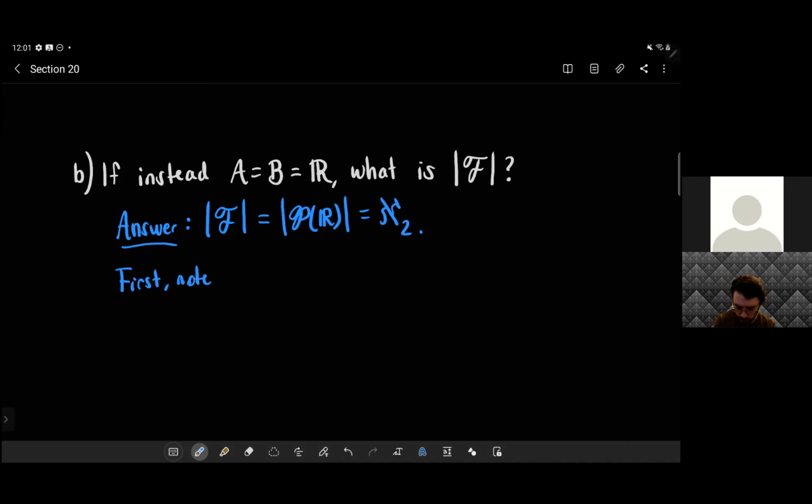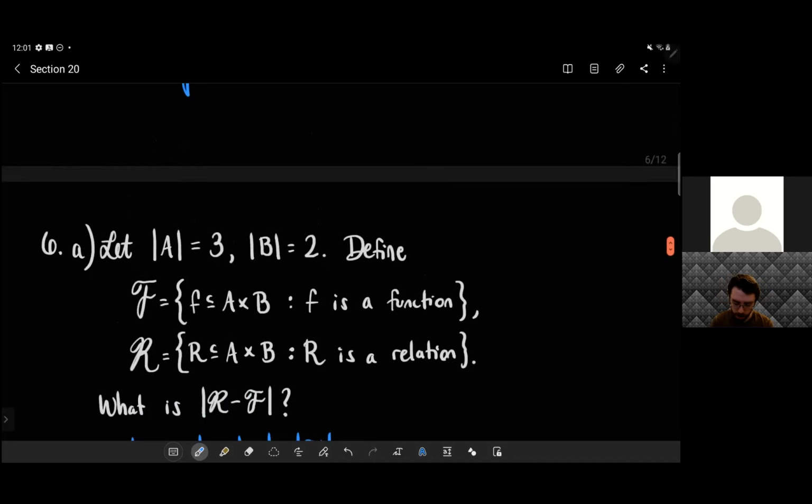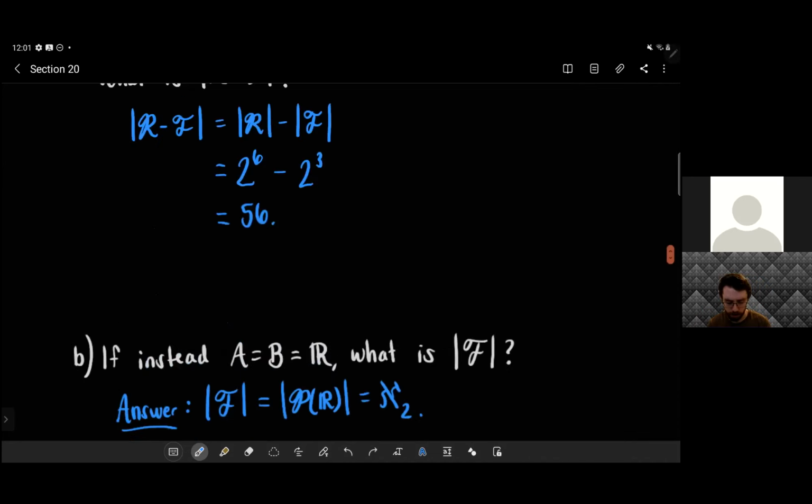there's a reason I wrote the intro to part A the way I did. Every function is a relation, and in particular, relations can be written as subsets of the Cartesian product of the sets you're working with. In part B, A and B are both the real numbers. So we're saying F is a subset of R2, sort of.